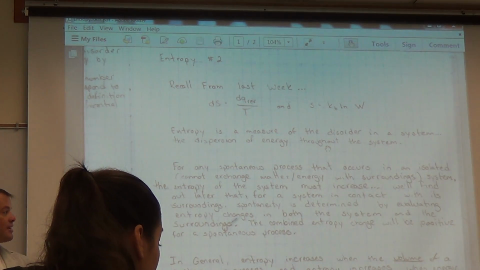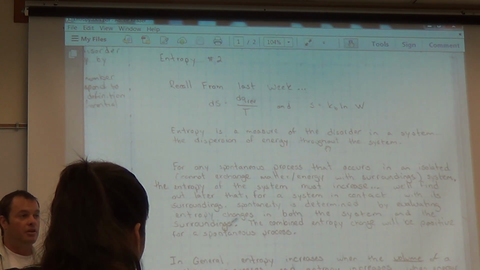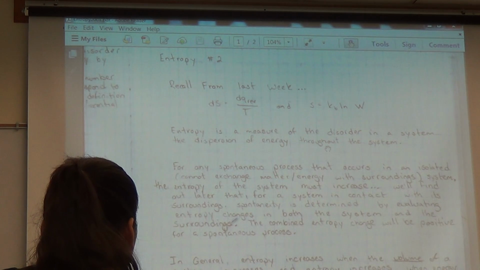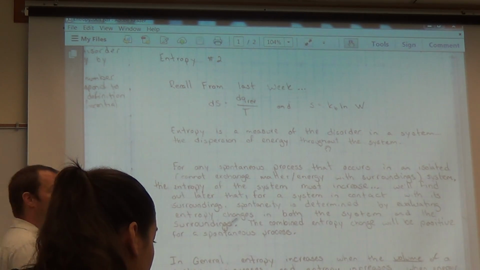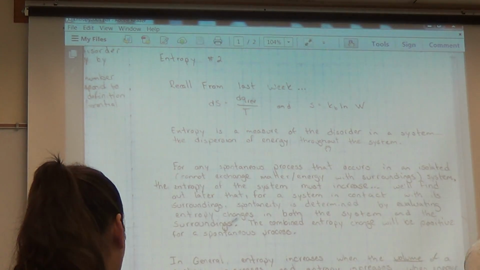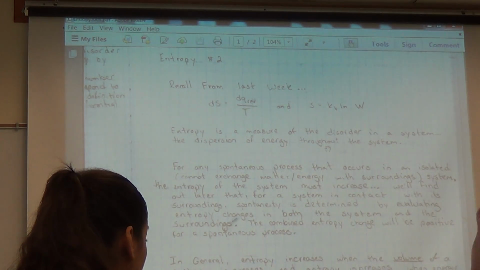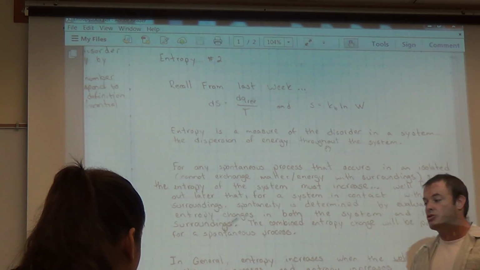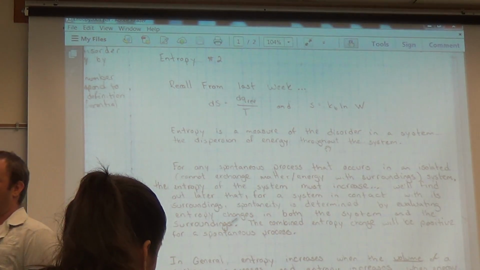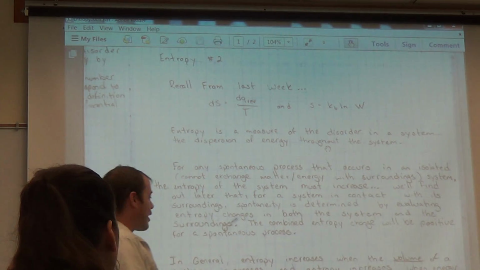So for isolated systems like that free expansion of the gas and the two blocks equilibrating, the total delta S of the system has to be positive. For a system in contact with the surroundings, on the other hand, the total delta S of the universe has to be positive, which means that the system might be decreasing in entropy, but as long as the surroundings is increasing in entropy more than the system, then the process will occur spontaneously, and vice versa. So as long as there's a net increase in entropy, you're going to have a spontaneous process. Okay?